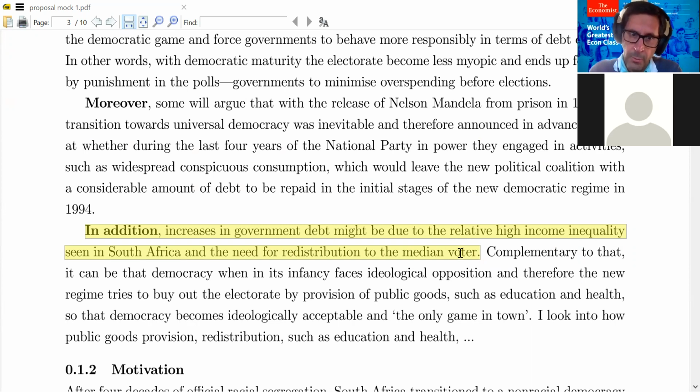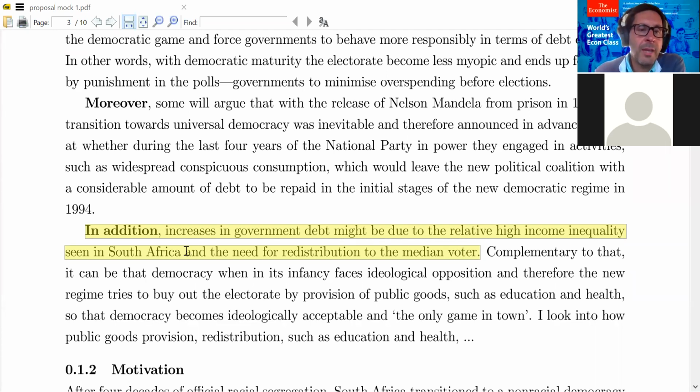So assuming, we don't know yet, I already know because I wrote the paper, the ANC, or any political party coming into power in 1994, would have very different incentives, or their electorate would be very different from the National Party's electorate, right? And because the inequality was high, the political party coming into power in 1994 would have to start spending more in any event. Okay, and that would have an effect on that.